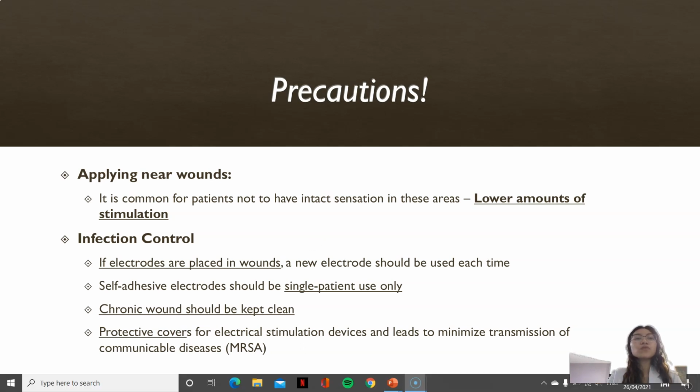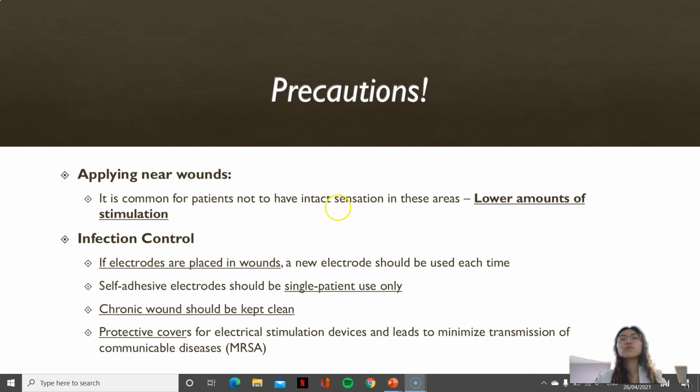Okay. So, applying near wounds, no, these are our precautions, no? It is common for patients not to have intact sensation in these areas, no? Of course, kasi diba, yung mga receptors nila, no, medyo na, it was also injured. Okay, so you would really anticipate that the intact sensation is not that good near the wound.